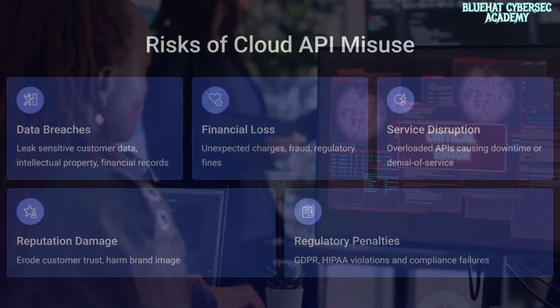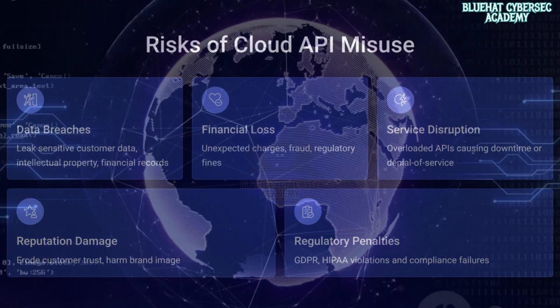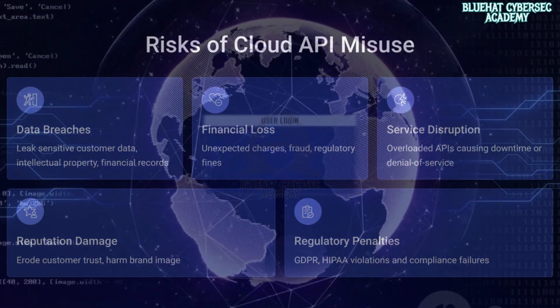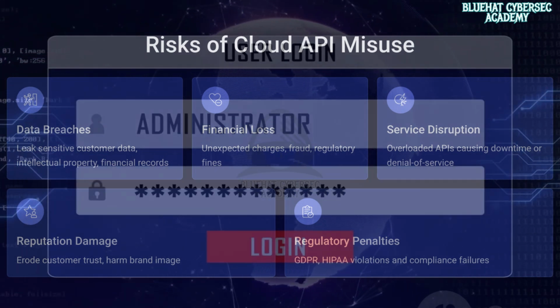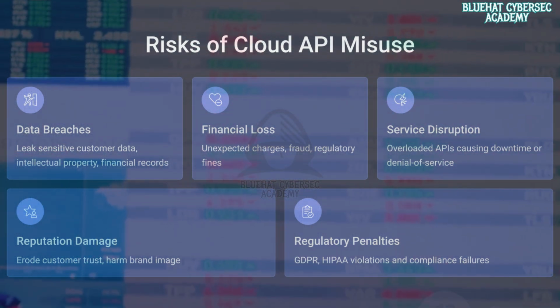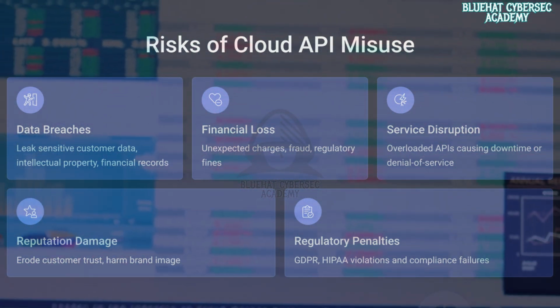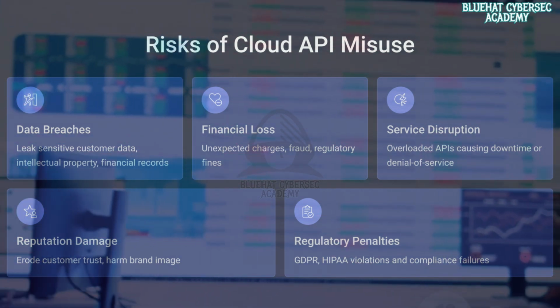Now, let's talk about the risks of cloud API misuse, because these are very real. First, data breaches. Misused APIs can leak sensitive information, including customer data, intellectual property, or financial records. Second, financial loss. Unauthorized API use can lead to unexpected cloud service charges, fraud, or fines due to regulatory non-compliance.